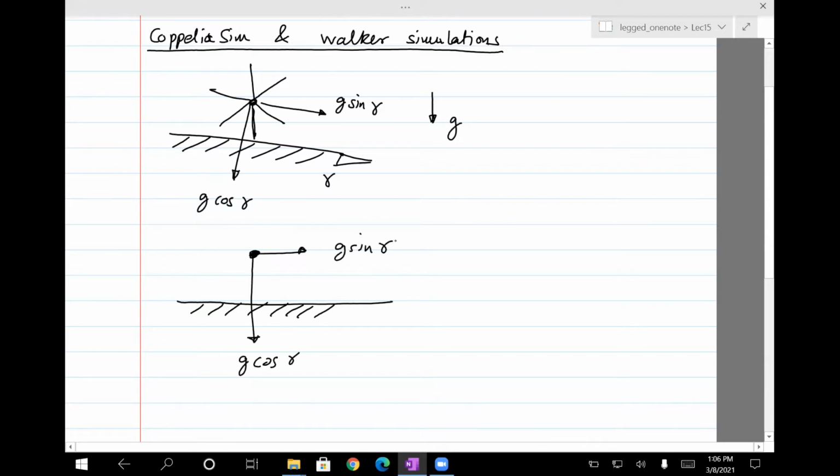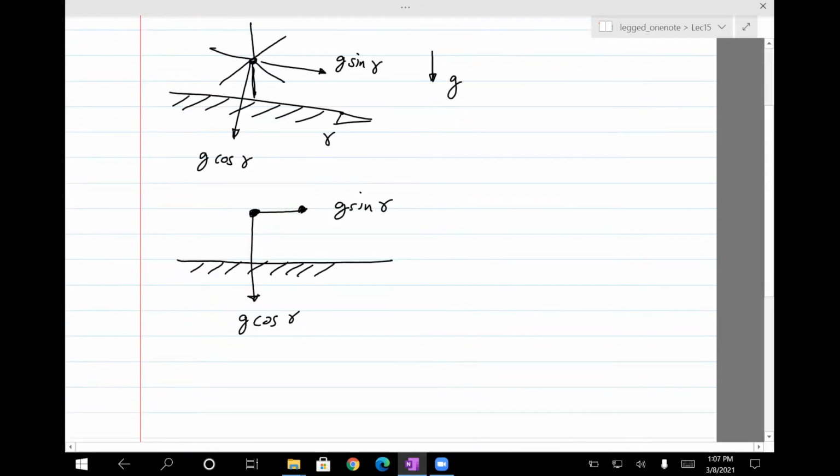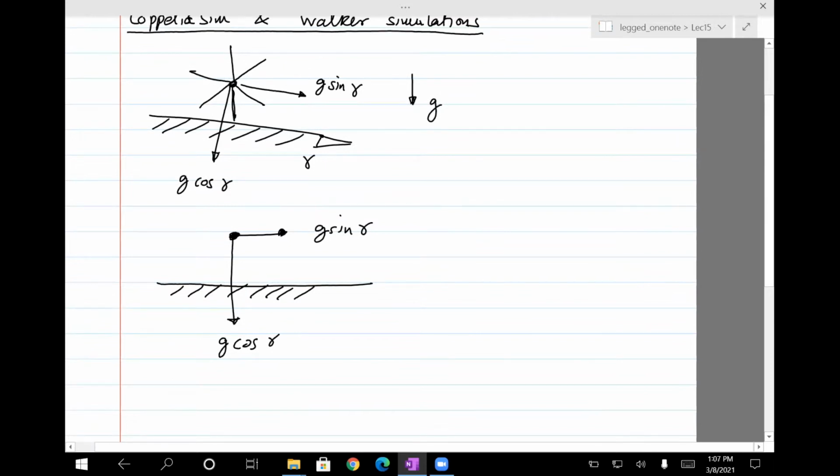So now we can work with this simulation in the flat ground scenario, but just rotate gravity. If you set the gravity in this fashion, then we can do all the passive dynamic simulations on level ground, which is kind of neat. This is not a problem with MATLAB because we can do whatever we want with gravity.